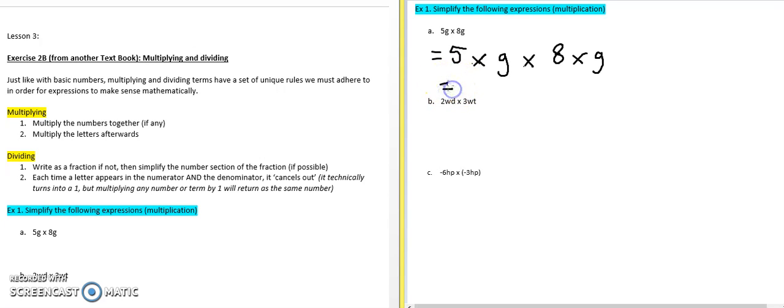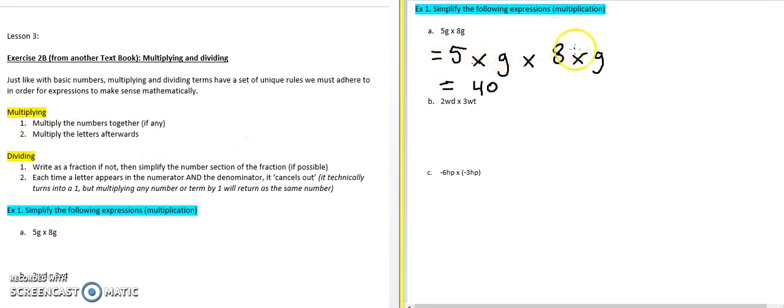So the first step, for the multiplication, is that we multiply the numbers together if there are any. Well, in this case there's a 5 and an 8. So we're going to go ahead and multiply the 5 by the 8. So we get 40. That's the first step. And then the second step says multiply the letters afterwards.